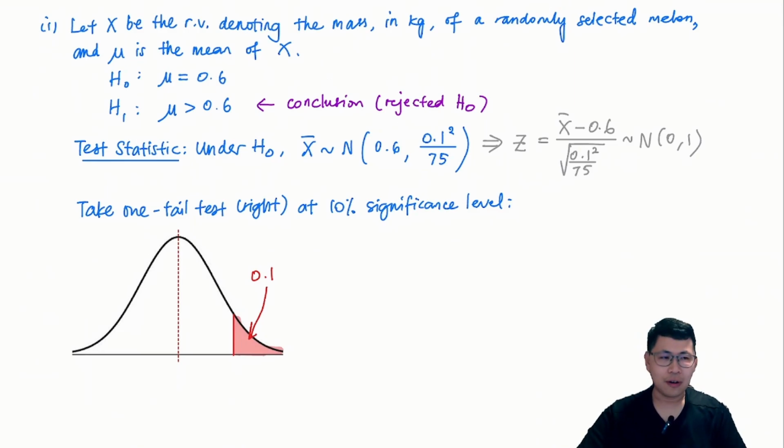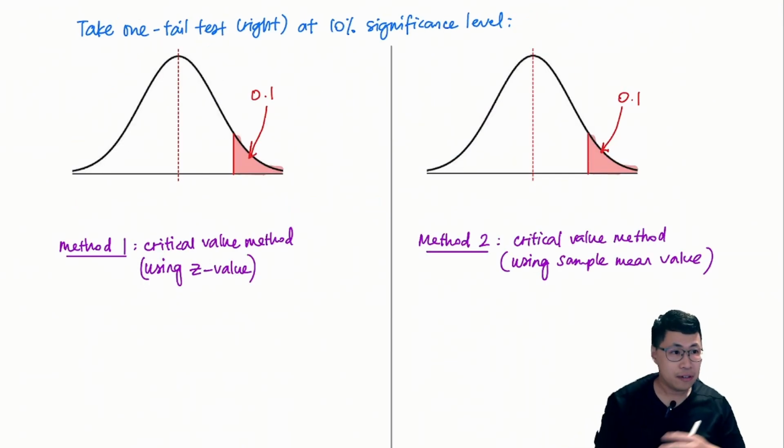Now I'm going to present perhaps two methods on how we can do this, and for this I will split it into two different sections. Now that we have this visual already, I will bring you through two different methods, and these two methods will be using the critical value method.